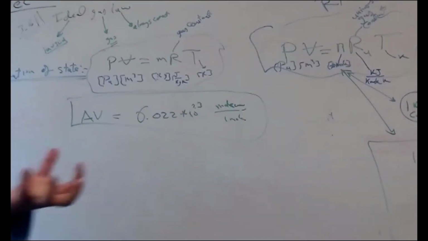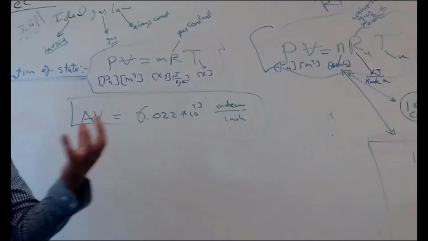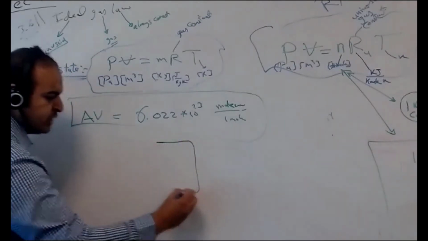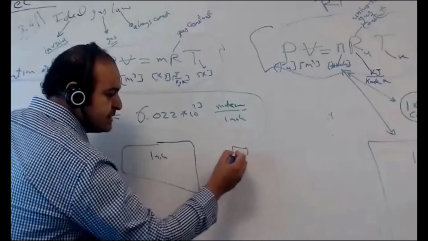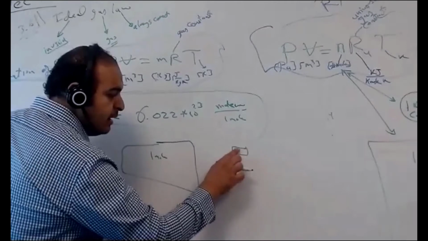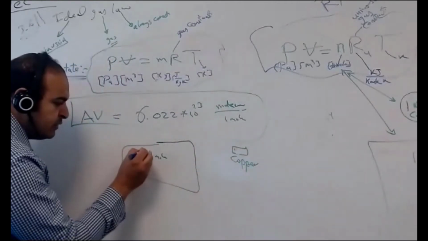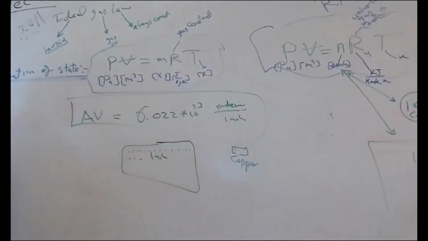So if I give you water with this number, it's 1 mole. If I give you some air, it's huge like this. This is 1 mole. Copper is small like this. It's exactly like mass, but it's a count: 1, 2, 3, 4, 5, 6, 7, 8, 9, 10, until this number. This is a mole.